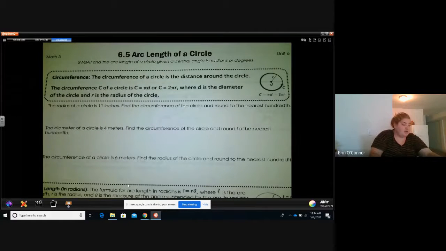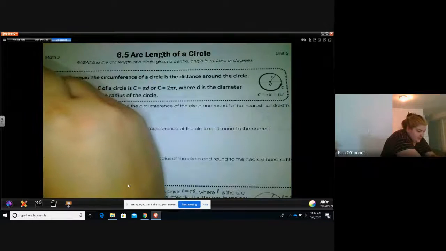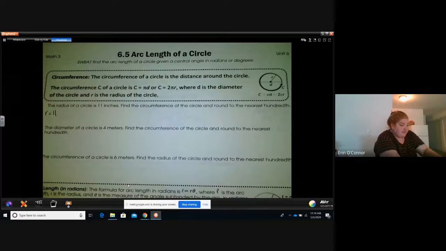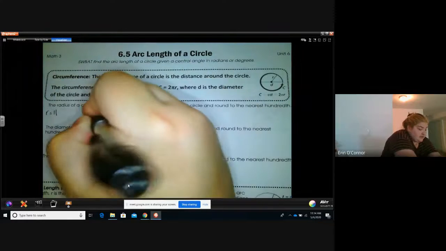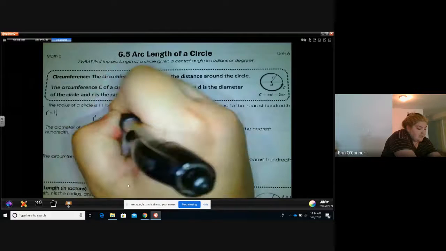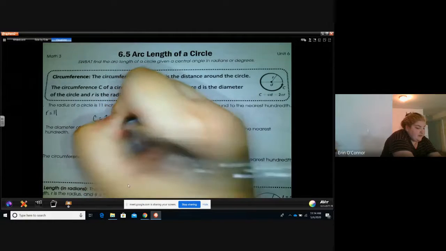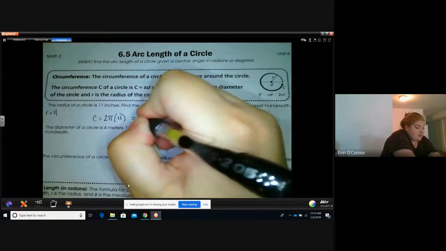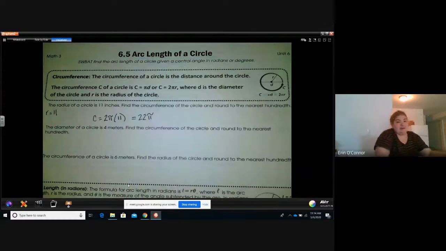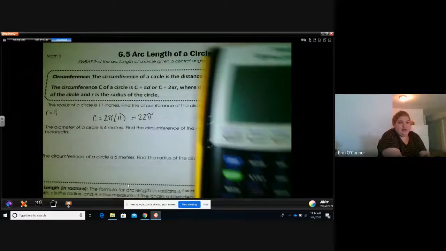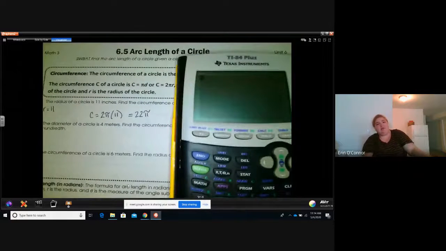Now, the radius of a circle is 11 inches, so we have r equals 11 inches. Find the circumference of the circle and round to the nearest hundredth. So circumference is equal to 2 pi times r, which is 11. So this is equal to 22 pi. And we actually need to put this into our calculators. I'm going to be using the yellow calculators today, the actual TI-84 Pluses.